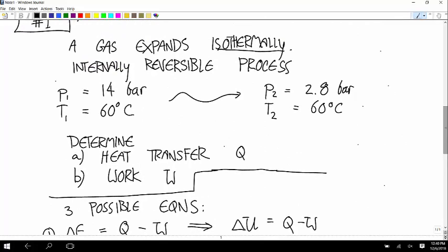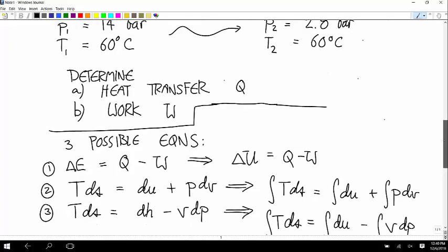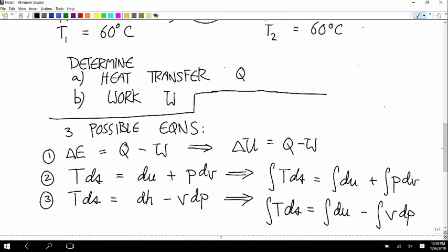We're trying to figure out a way to come up with the heat transfer and the work. We can use tables. We have everything we need to know about the states in both of these cases, no matter what material we're using, right? So from the table, we can just look up ending values of entropy, internal energy.